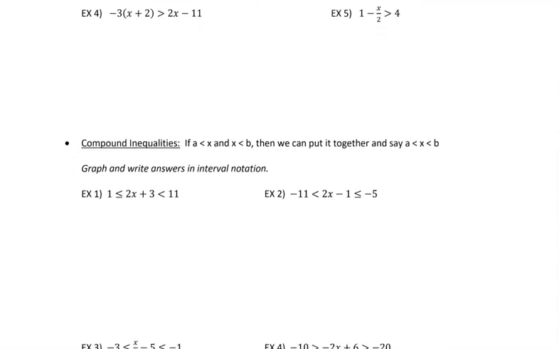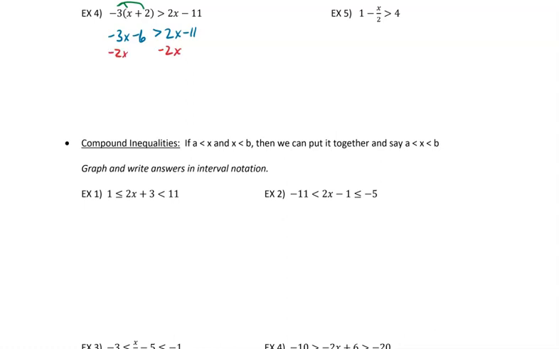All right, next one. Again, first step, we want to go ahead and distribute. So we got negative 3x minus 6 is greater than 2x minus 11. Bring x's to one side. Again, I like bringing the x's to the left.